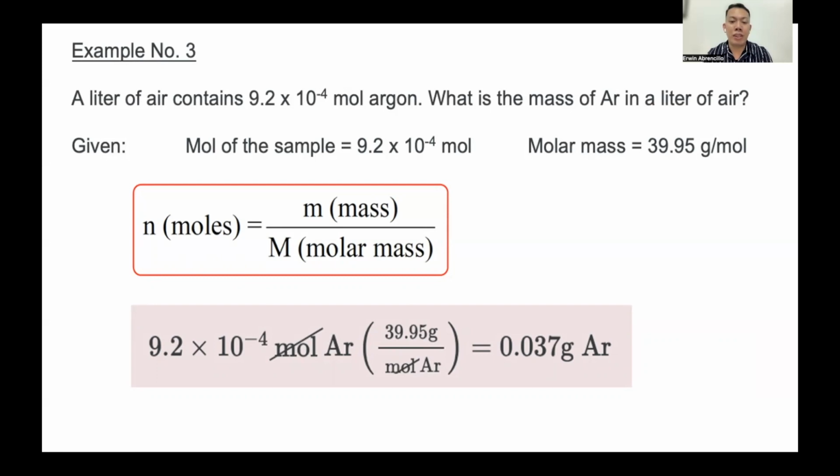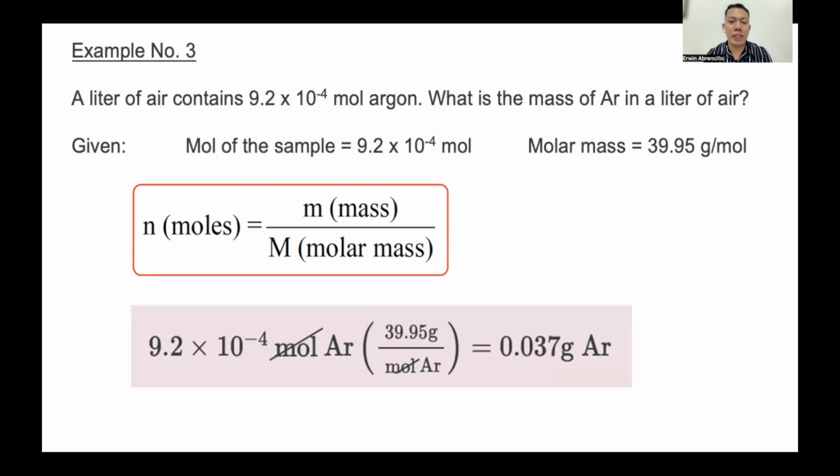So you can now substitute the given. We have here 9.2 times 10 to the negative 4 mole of argon multiplied by 39.95 gram per mole. Notice the difference with the positioning of the molar mass.